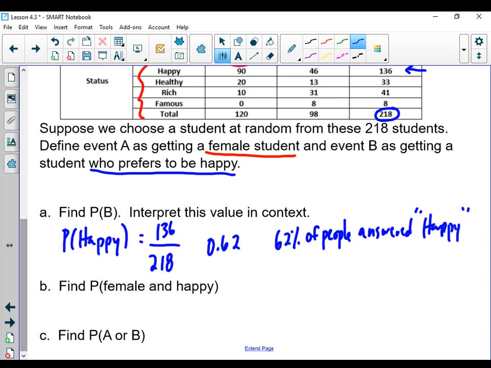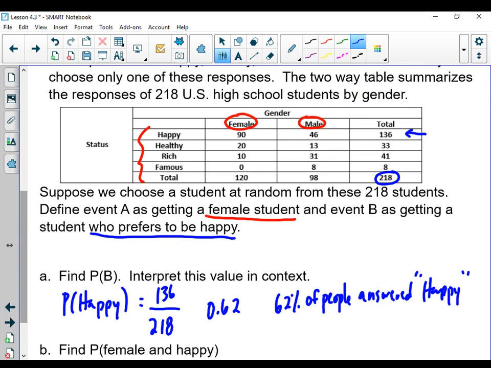All right, well, here's the next one. It says, find the probability that we select a person and they were female and they wanted to be happy. So now things have changed a little bit because it has to be a female. So it has to be one of these answers. They had to say that they were happy. So it's got to be in this happy situation.